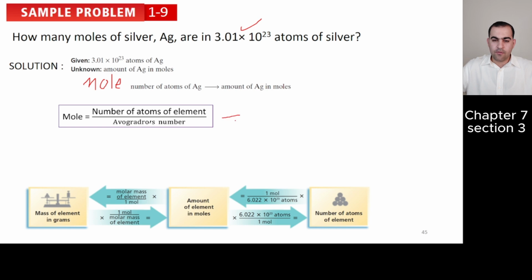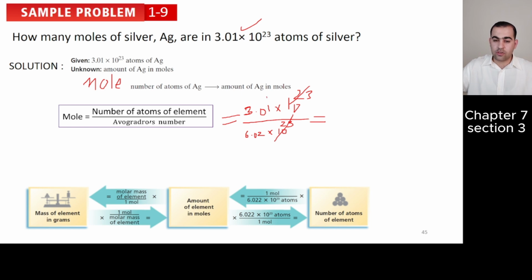So number of atoms, 3.01 times 10 to the power 23 divided by the Avogadro's number, 6.02 times 10 to the power 23. So 10 to the power 23, 10 to the power 23, they cancel out each other.